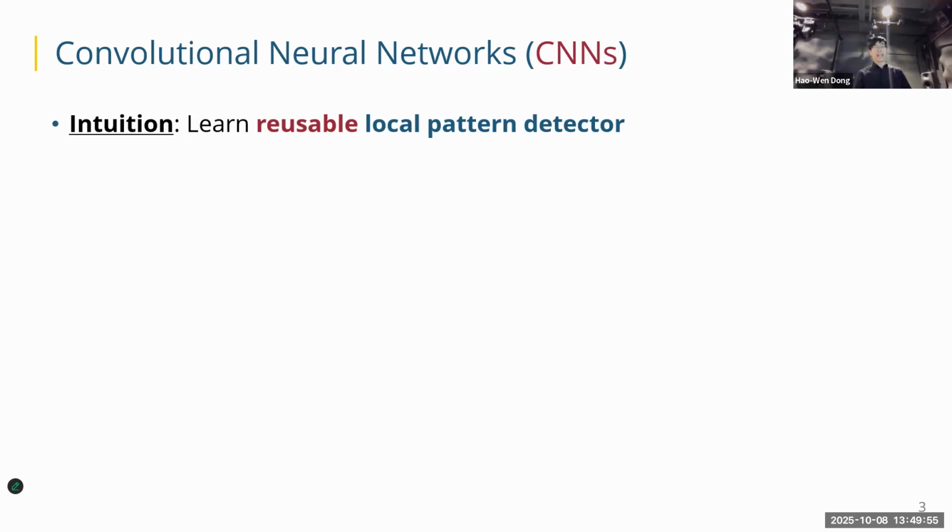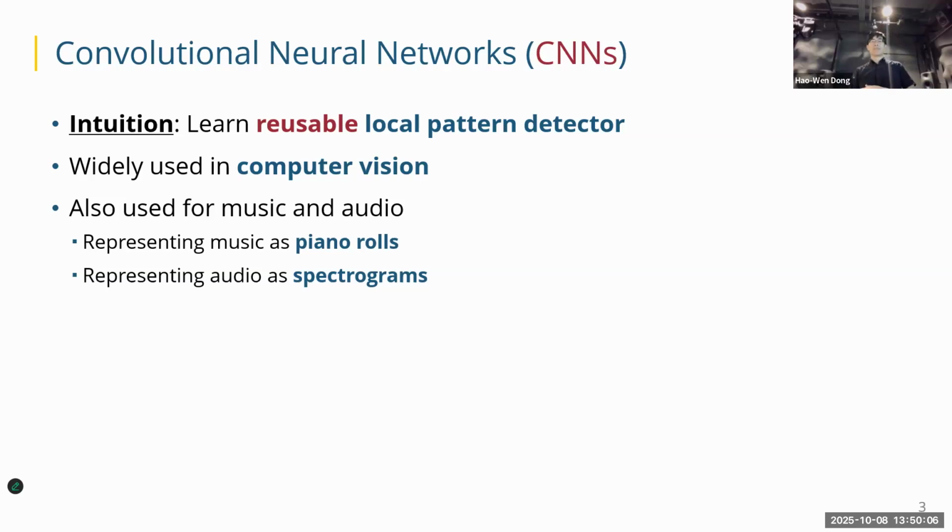So anyway, a CNN is just a way that we can learn reusable local pattern detectors. This is widely used in computer vision, but also used in music and audio. In a deep learning class, usually you look into images, but as we talked about, music can be represented as piano rolls, where you have pitch and time. But also for spectrograms, again, time and frequency.